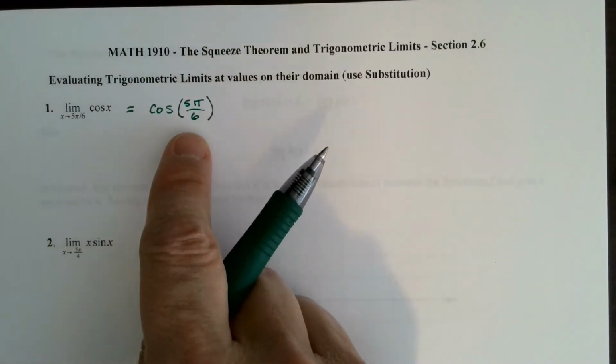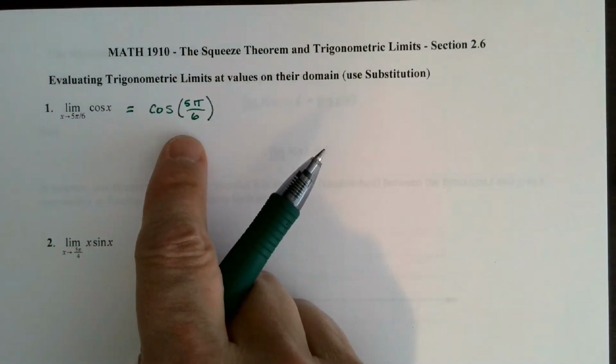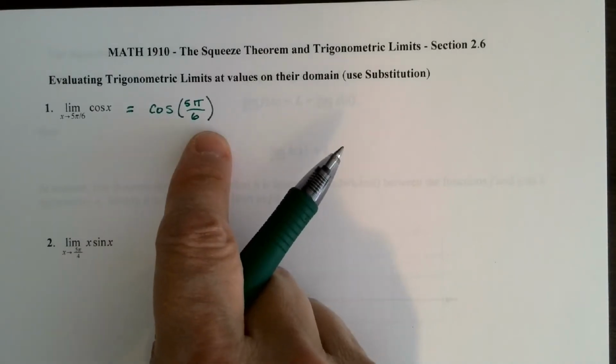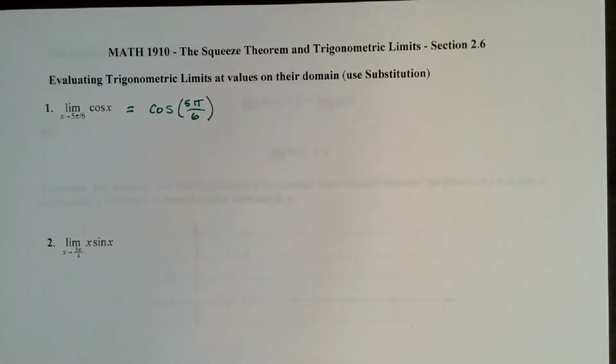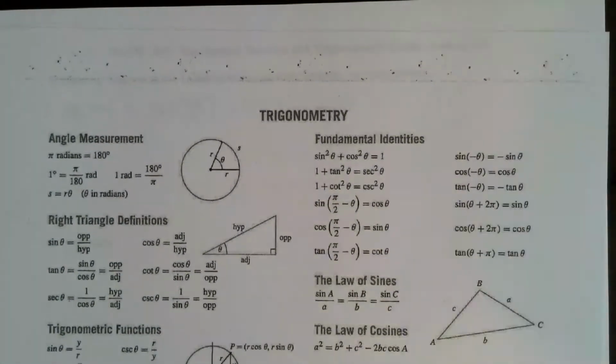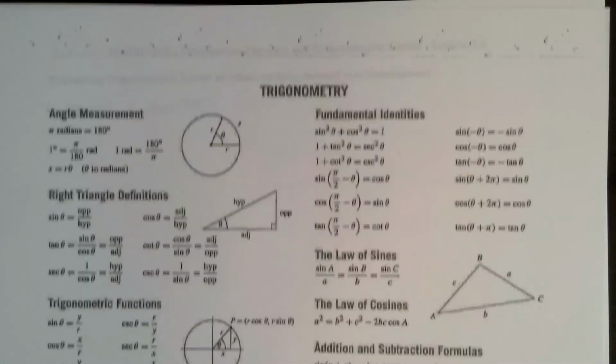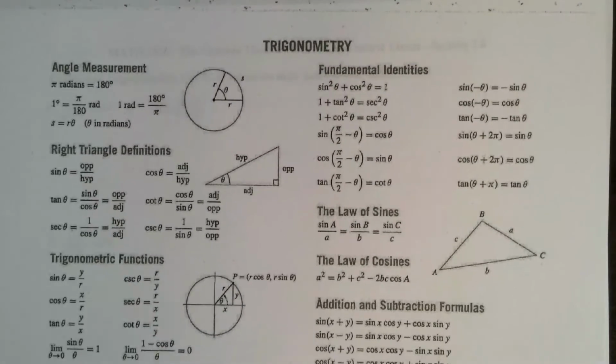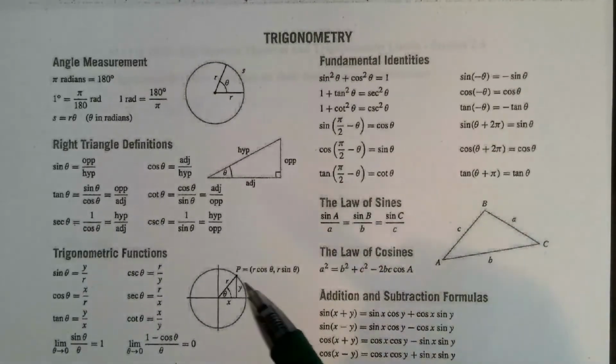We know that the limit will be equal to the value of the function at that point. Now, I would like you to evaluate cosine of 5 pi over 6 and give me the exact value. There is a review of trigonometry, sort of a help sheet that comes with the textbook. This is it. And you might want to take a look at it.